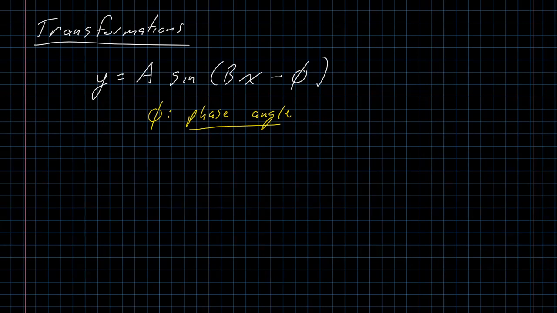But by putting phi here, it emphasizes the fact that this is an angle. We call that the phase angle. And there's a lot of applications of trigonometry where thinking about whether sine waves are in phase or out of phase is important. We're not going to look at that in particular, but mentioning the vocabulary is useful.